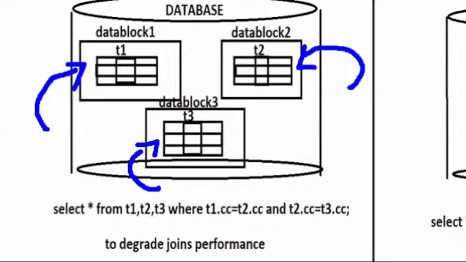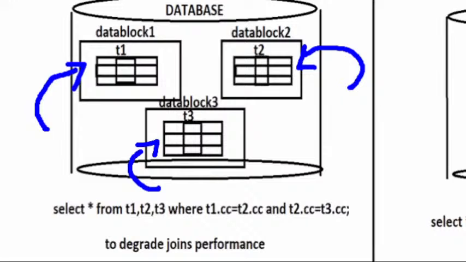T1 table, I can get it. T2 table, I can write. T3, I can get. So if you want to retrieve your data from individual tables, you can happily write a select statement and retrieve your information. So there is no problem for us.